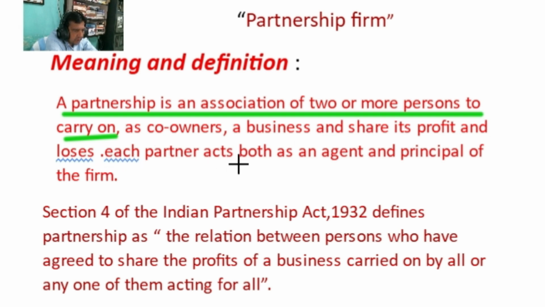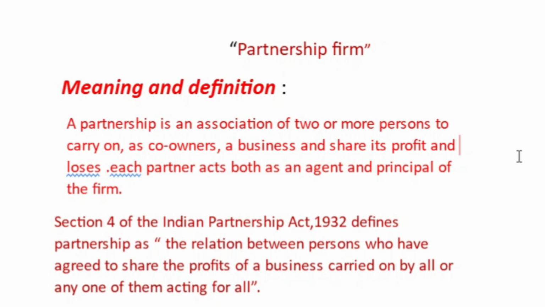Each partner acts both as an agent and principal of the firm. So in partnership, the relationship of principal and agent exists. Each partner is an agent of the firm and his activities bind the firm. He also acts as a principal because he is bound by the activities of other partners.